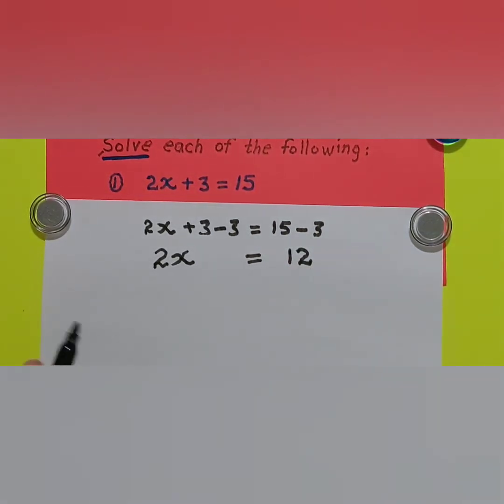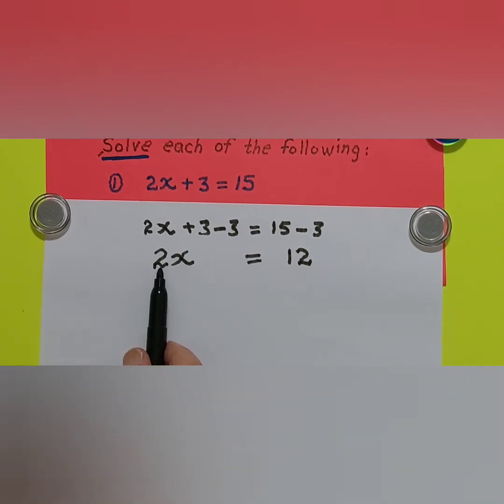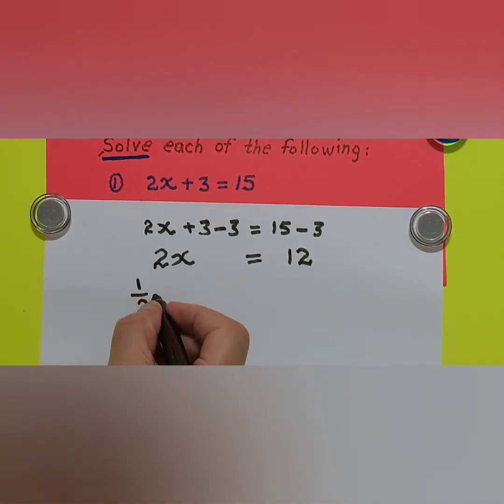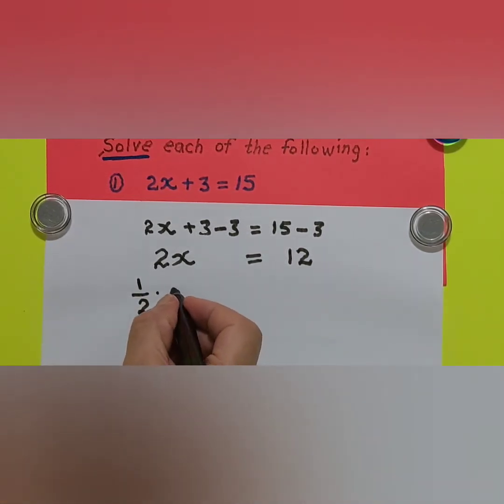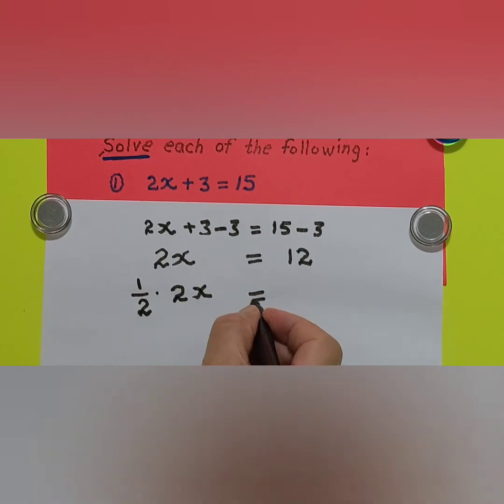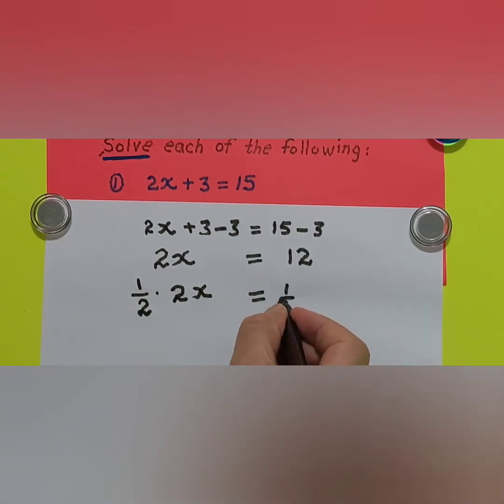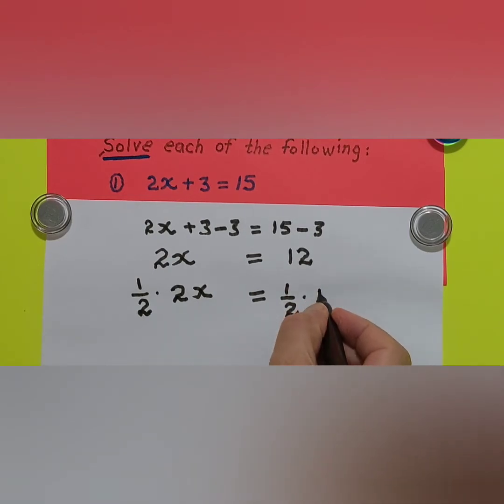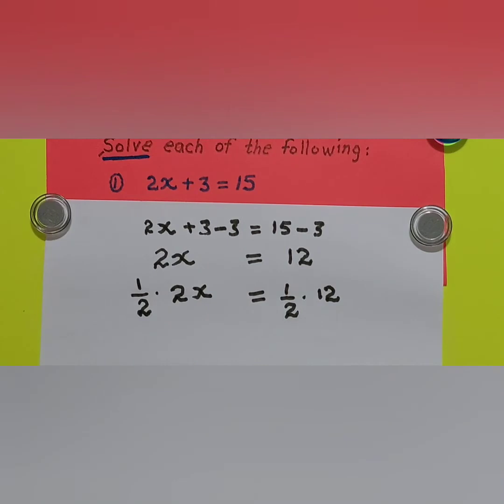After then, we try to remove the number 2. We write 1/2 times 2x on this side, and on the other side we write 1/2 times 12. As you see, what we do on one side, we have to do the same on the other side to keep the balance of the equation correct.